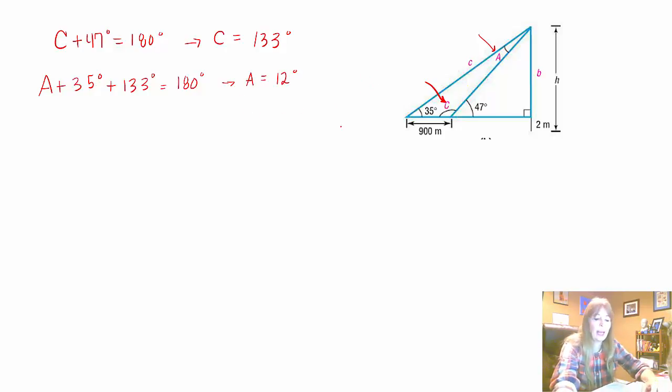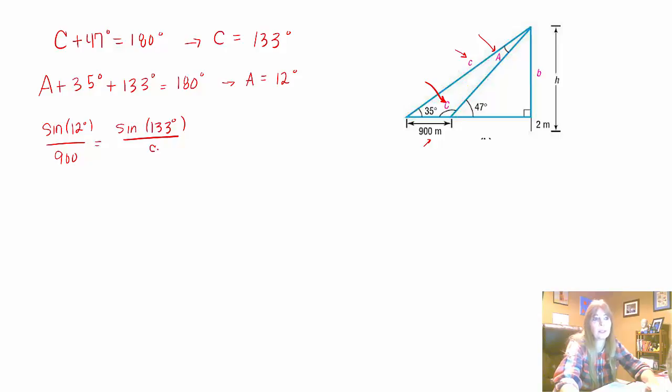Okay, so now that I have something, I'm going to try to solve for little c. And I can do this with the sine of A, which is 12 degrees, over the side opposite A, which would be your 900 meters, and then the sine of 133 degrees over the opposite, which is what I'm solving for.